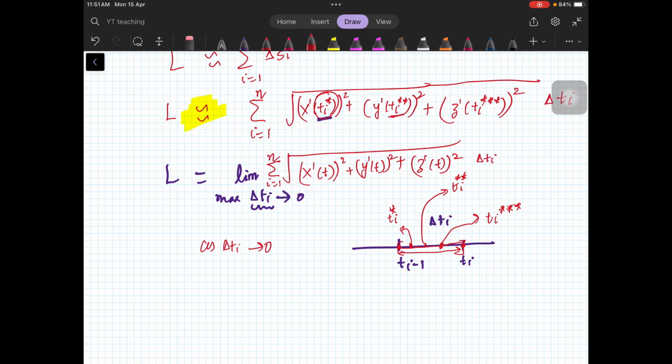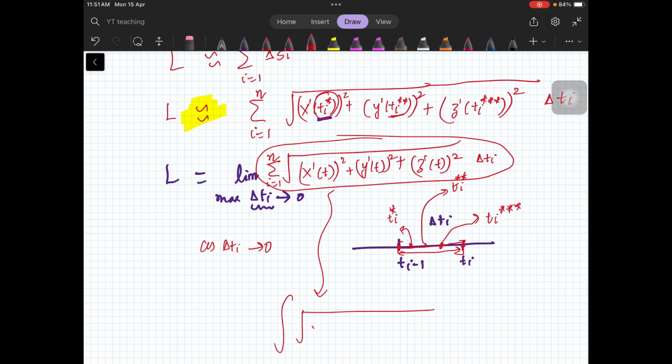So in the limiting case this sum becomes an integral. That is the definition of Riemann integration. So this becomes the integral of the square root of x prime t squared plus y prime t squared plus z prime t squared dt, and if you want to take it from a to b, that is your length.